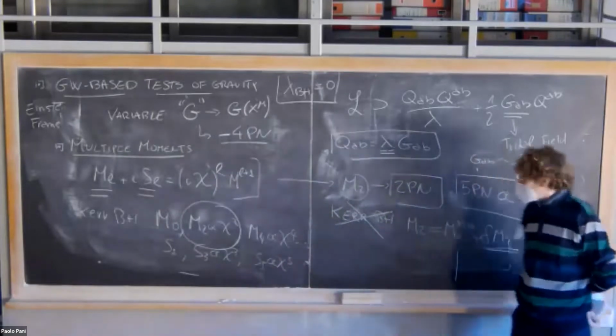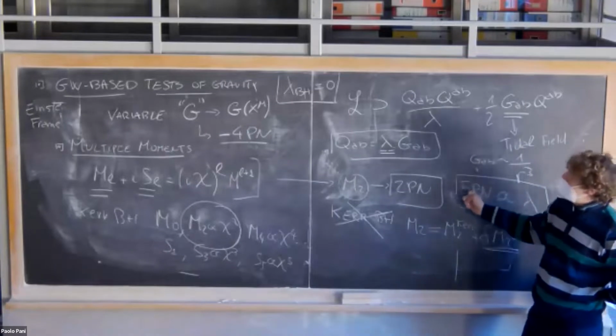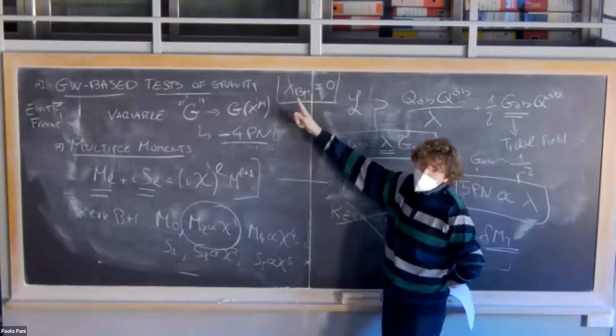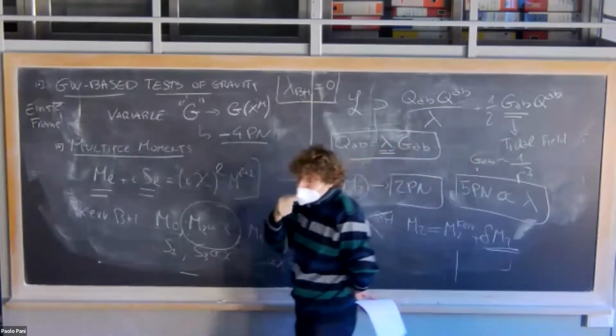which is again important because if one is able to constrain the 5PN coefficient, one will be able to put an upper bound on this lambda for black holes, or potentially measure something that is non-zero.